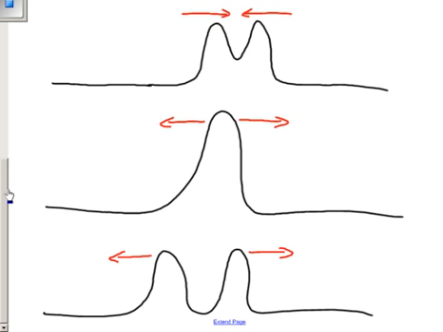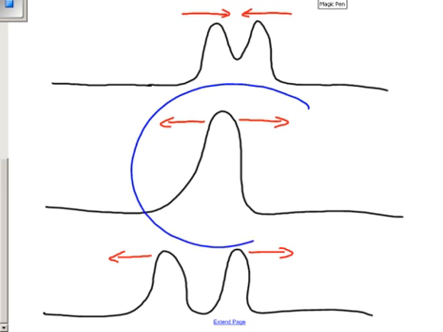Now, a couple things. These waves are always moving along at the same speed, but what's weird is, let's have a look right when they're crossing each other, right in here. What happens is, they add together, but at that instant, they look like one wave, even though they're going in different directions.